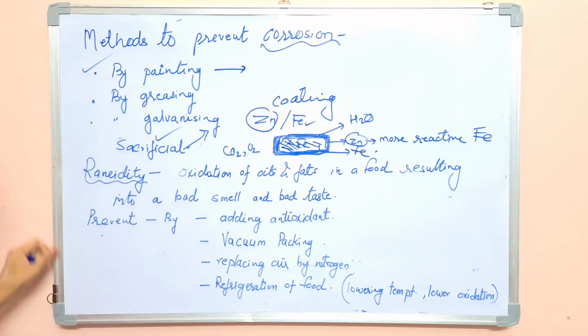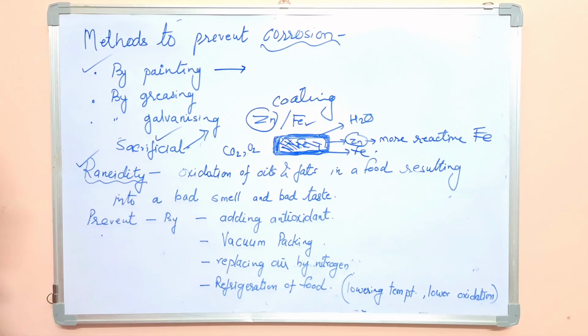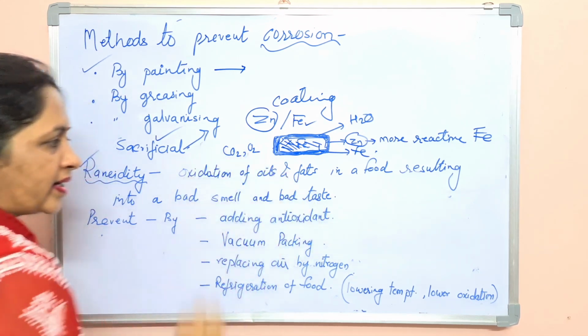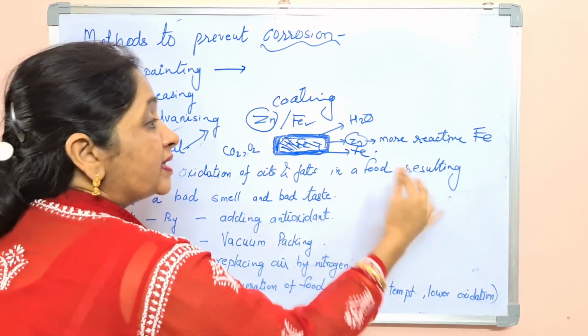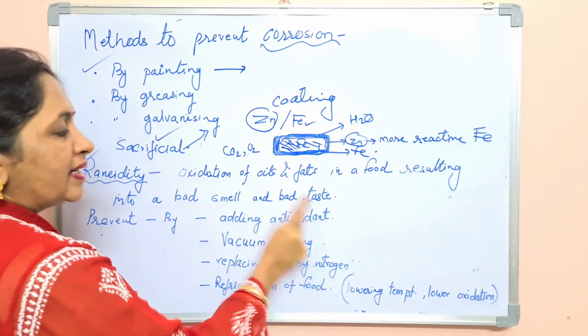Now the next term we are going to deal with in this chapter is rancidity. Rancidity is a very common term. What happens in this? Oxidation of oil and fat in a food results in a bad smell and bad taste.